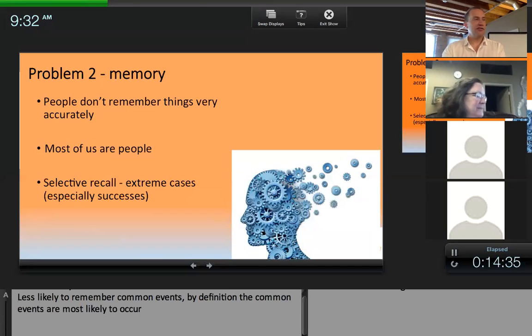Mostly we remember the big things, really good things, really bad things, which by definition are the things which are less likely to occur. So we're much more likely to remember stuff which is less likely than stuff which is more likely. And again, the person in front of you is more likely to be representative of something which is more likely than something which is less likely. And so we have this bias towards remembering stuff which is probably less likely to be applicable to the person standing in front of us.